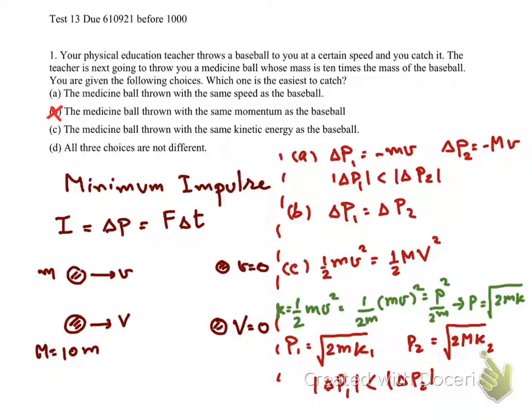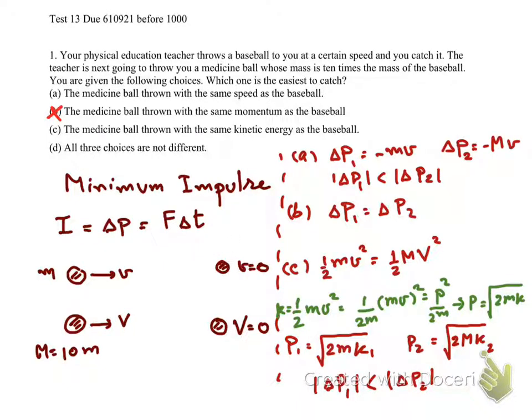It is because if we relate the momentum with the force and the time, if we apply force F to an object at the time interval delta t, we know that the momentum change is equal to the impulse, which is equal to F times delta t.